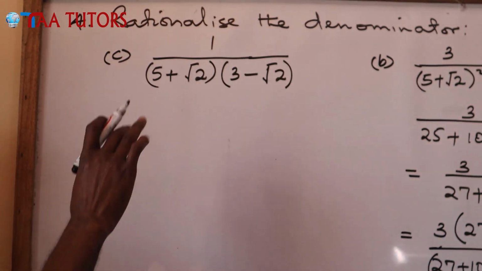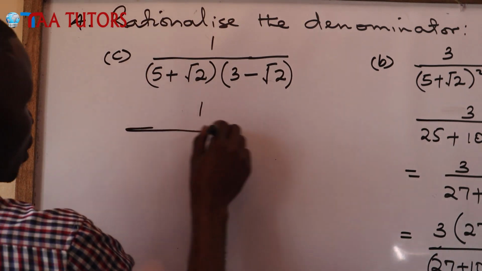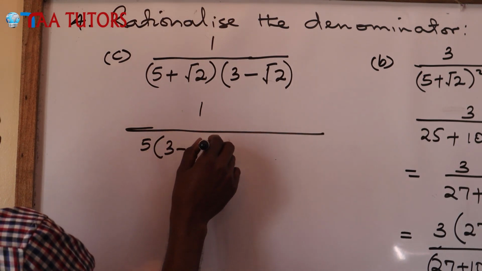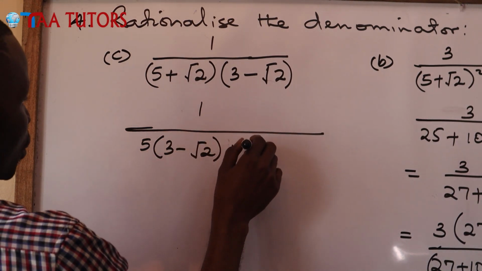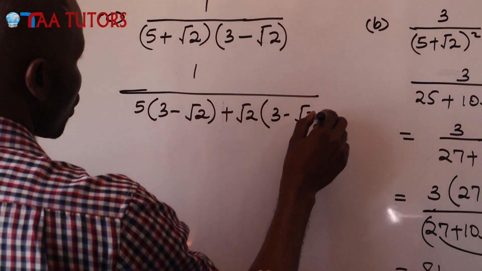So the other one was squares, but this one we have to expand directly, which means we'll have 1 over 5 into 3 minus √2, plus √2 into 3 minus √2.